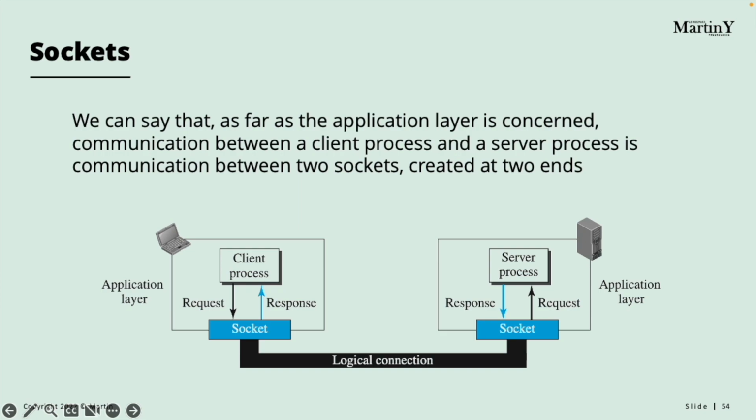If the client wants to get some service from the server, it sends a request to the socket. This socket has a logical connection with the server socket, and it provides the request to the server. Then the server sends a response to the socket, it passes through the logical connection, and goes to the client process, and we get the required data.